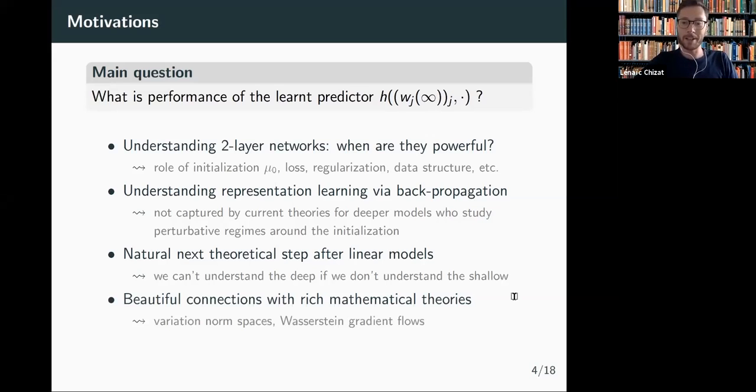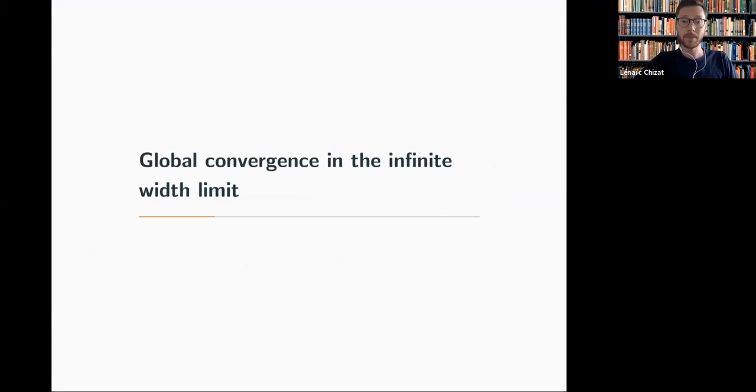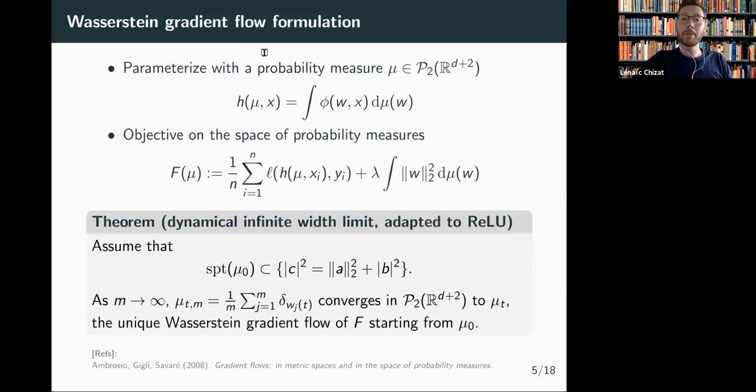All right, so now I will enter the first part of the analysis, which is the global convergence in the infinite width limit of the training dynamics. The first step will be to replace the parameterization. You remember we have a lot of weights to parameterize our neural network, but we will replace the finite sum that was defining our predictor by a continuous sum, an integral.